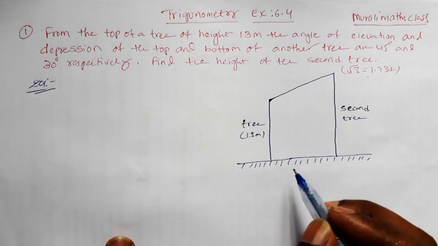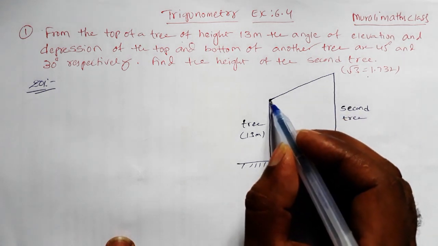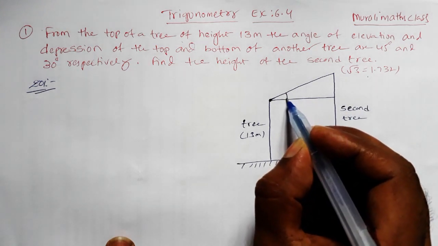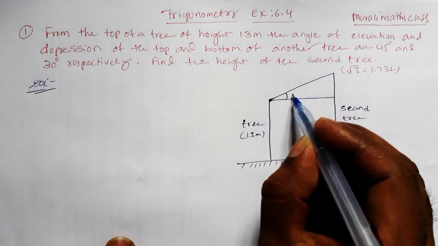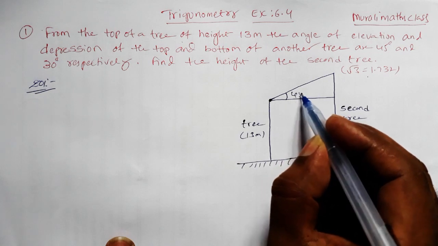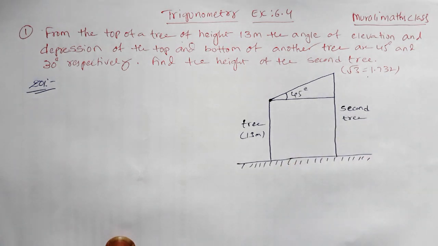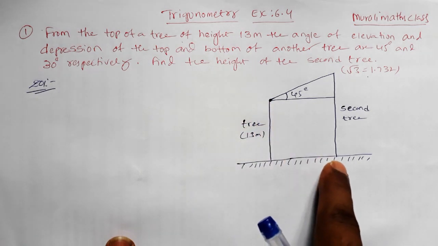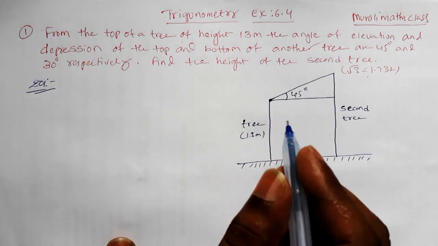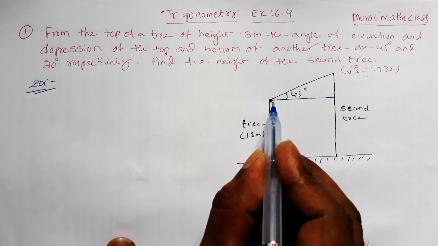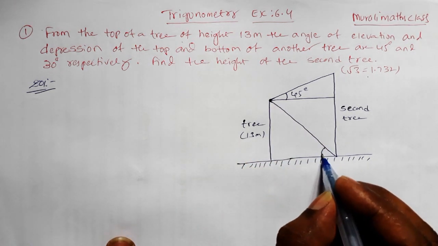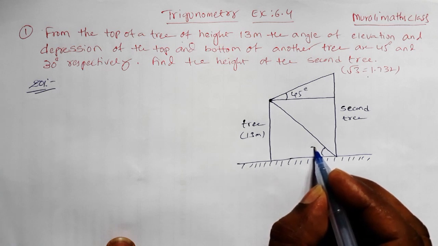So here what we have to do, for the ground level we have to draw one parallel line. So this becomes the angle of elevation. That is given as 45 degrees. From the top to the bottom of another tree, this is the angle of depression, like this. This angle is depression, so mark here 30 degrees.